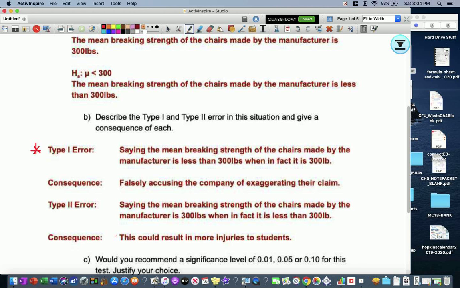Potentially the company might have to do a recall. But again, the type 2 error is basically saying the null hypothesis is A-okay when in fact it wasn't okay. So make sure you're able to describe those in the context of a problem and come up with a consequence with each.